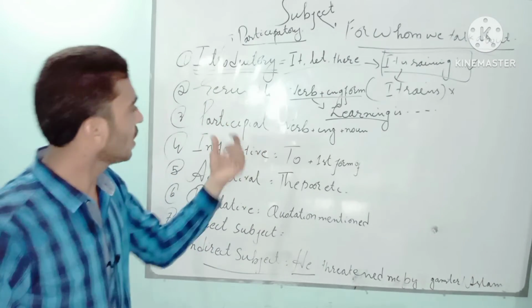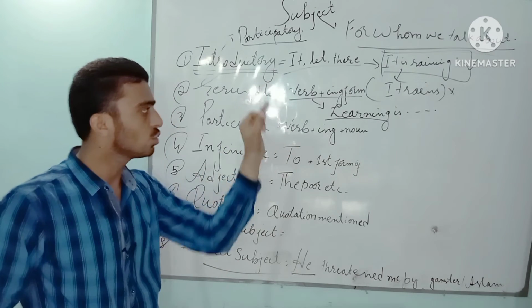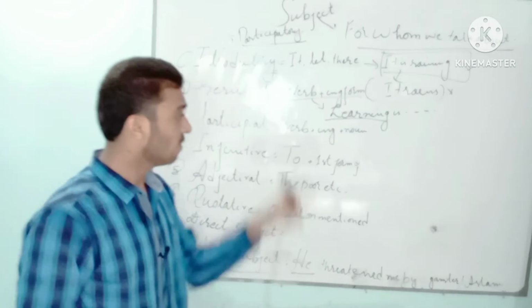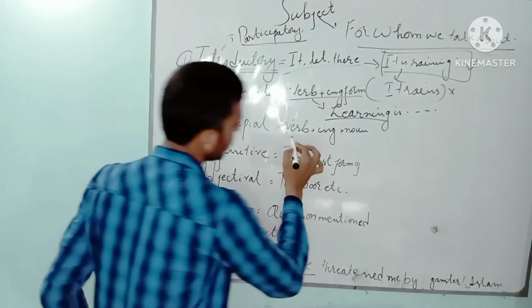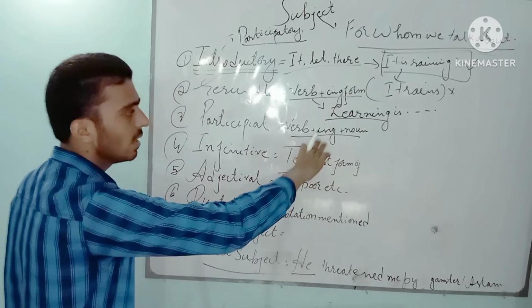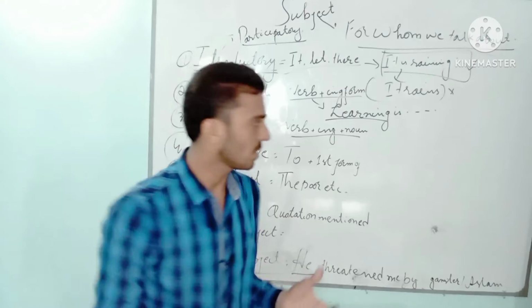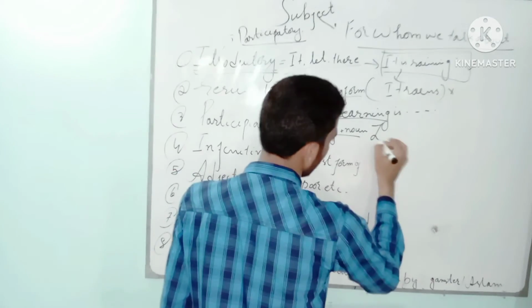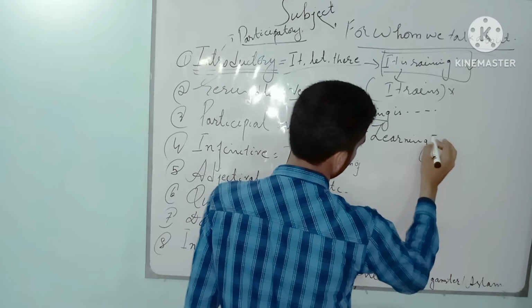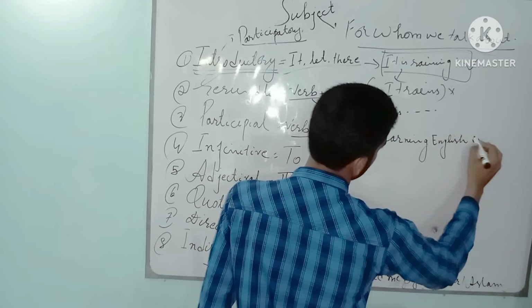After that, when you come to the participle subject, there is a slight difference between these two kinds of subjects. The participle subject is formed like the general subject, verb plus ing form, but after verb plus ing form we have to use a noun. For example, "learning English is good habit."